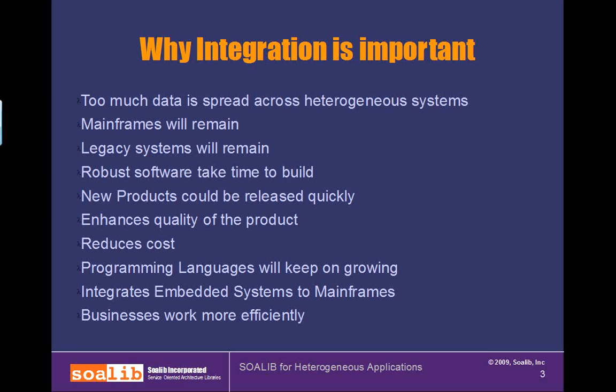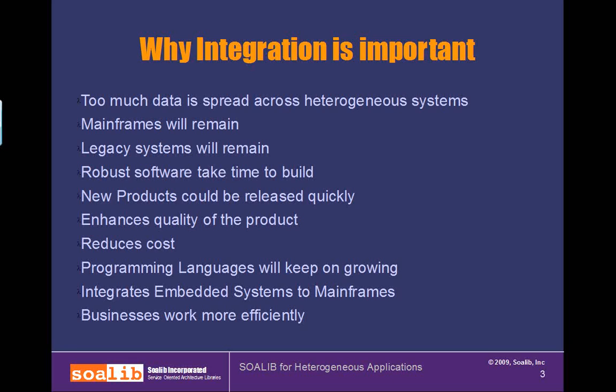Everything is heterogeneous. The mainframe is also one of the most important areas where most of the data is stored. Legacy systems will remain, and definitely people have developed a lot of software in legacy architecture. They're not going to get rid of that very soon.